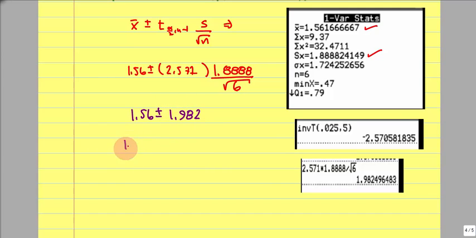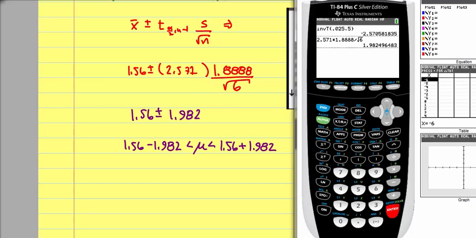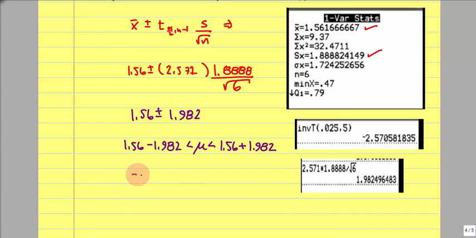So my left endpoint would be 1.56 minus 1.982, less than mu, because I'm looking at this as a population mean, 1.56 plus 1.982. So let's go ahead and find our left endpoint. That's the 1.56 minus 1.982. We're getting a negative value here, so I get negative 0.422.